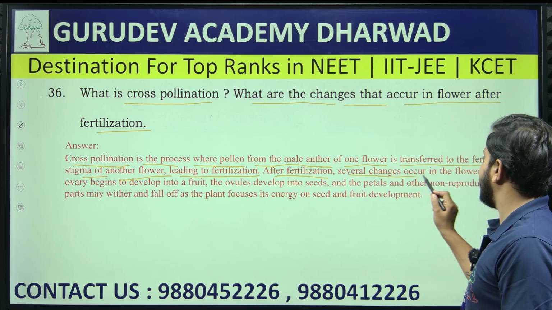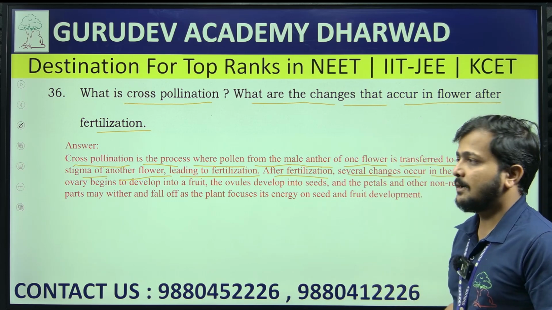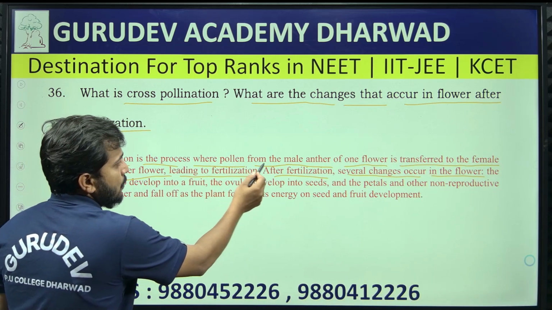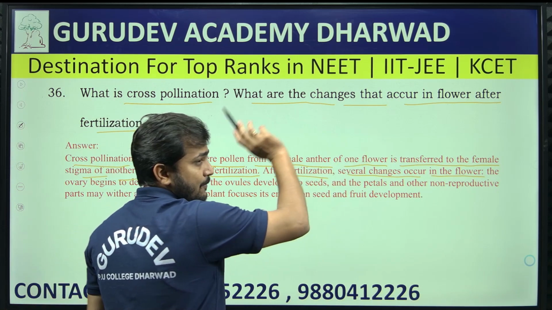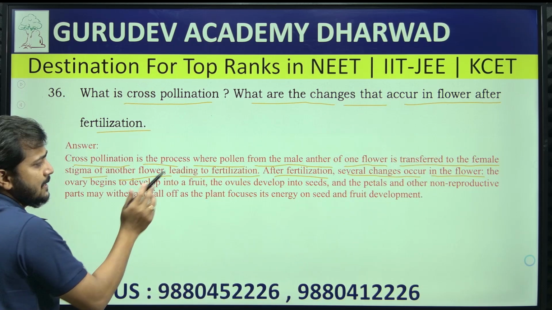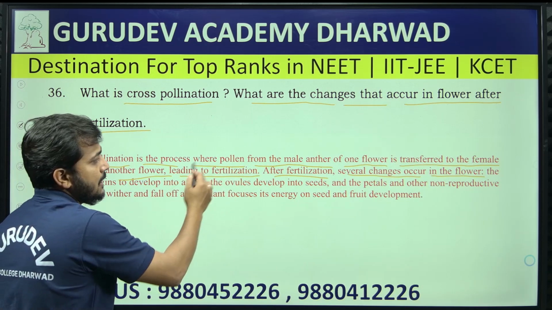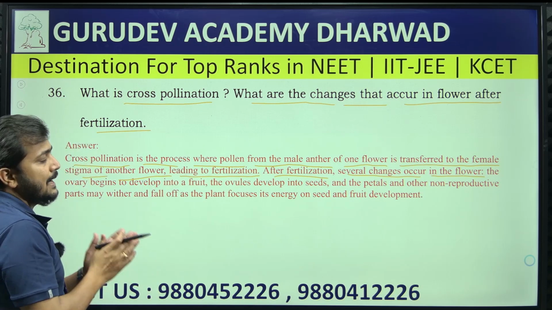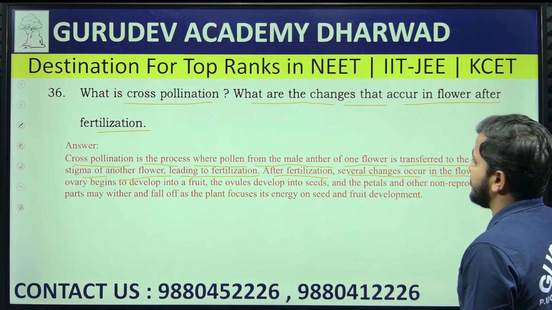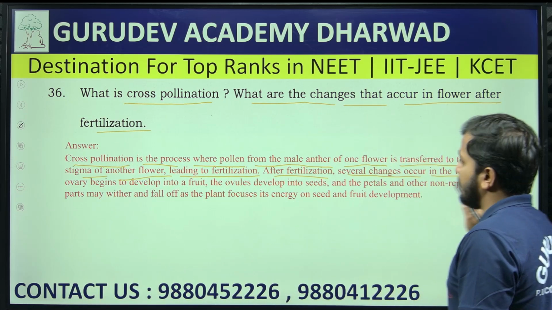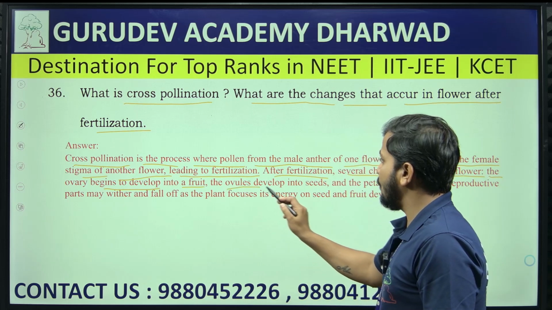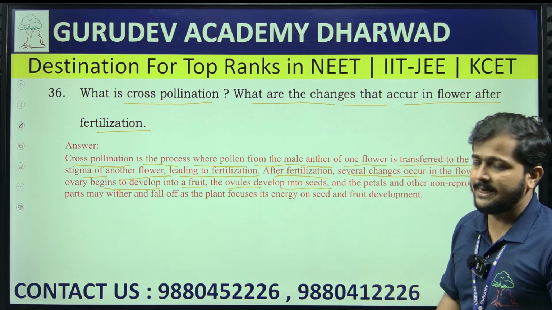After fertilization, several changes occur in the flower. Where the male and female gametes fuse, the ovary begins to develop into a fruit, and the ovule develops into the seed, right?